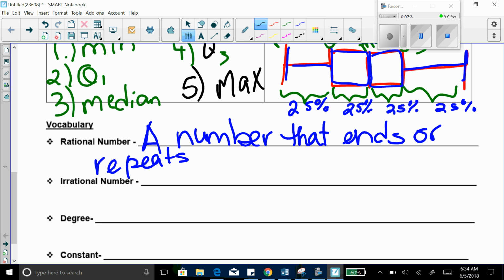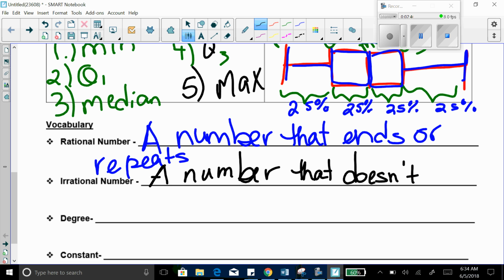An irrational number is a number that does not end or repeat. Something like 4.27659321 dot dot dot is irrational because it has no pattern to it and it keeps going on in that way.